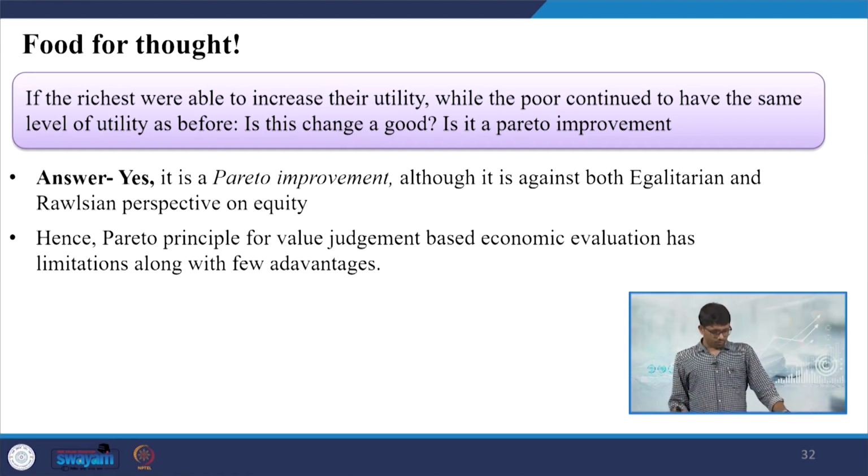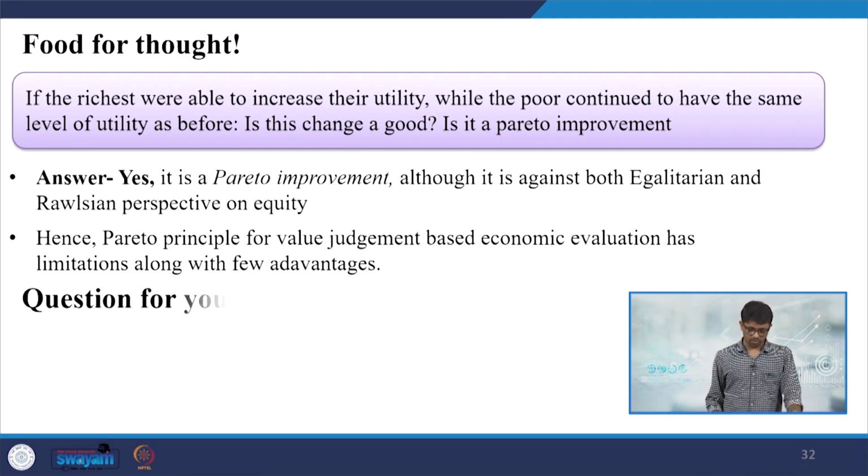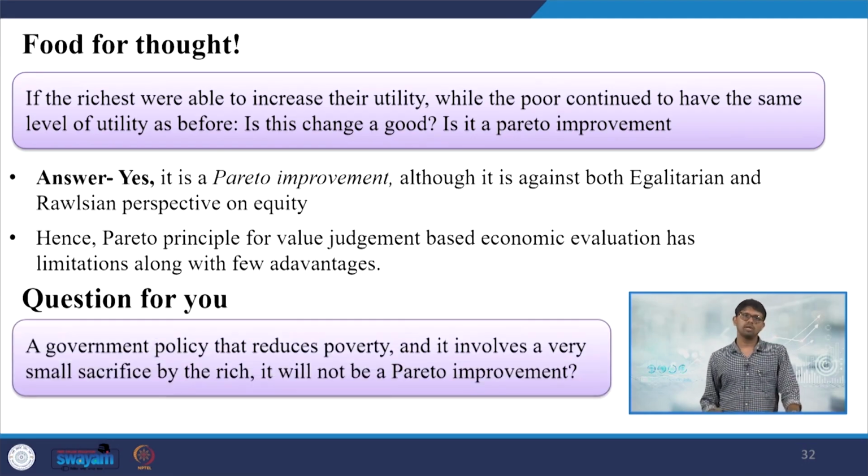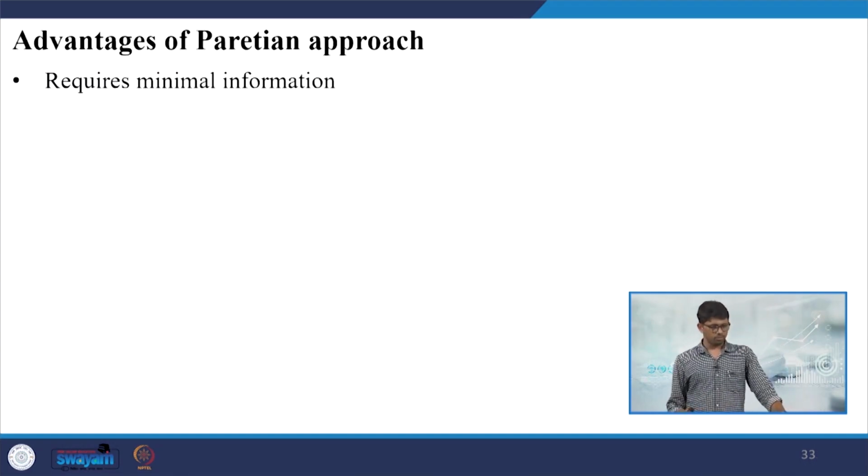So, the Pareto principle for value judgment based economic evaluation has limitations along with a few advantages. So, a clear question that can be attempted: a government policy that reduces poverty and involves a very small sacrifice by the rich will not be a Pareto improvement. So, you may cross check and answer this, it will be interesting.